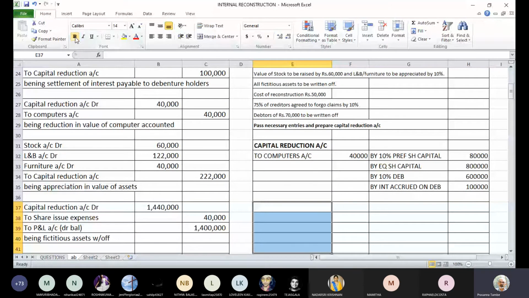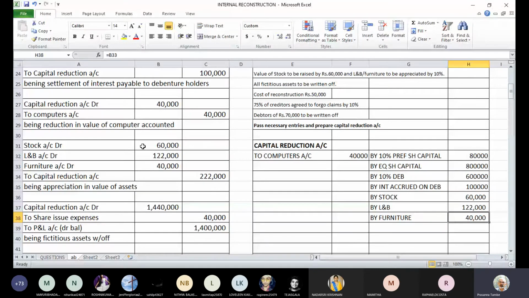Then 3 assets are appreciated, that is stock, land and building, and furniture. The relevant amounts are: stock is appreciated by 60,000, land and building 1,22,000, and 40,000 by furniture.